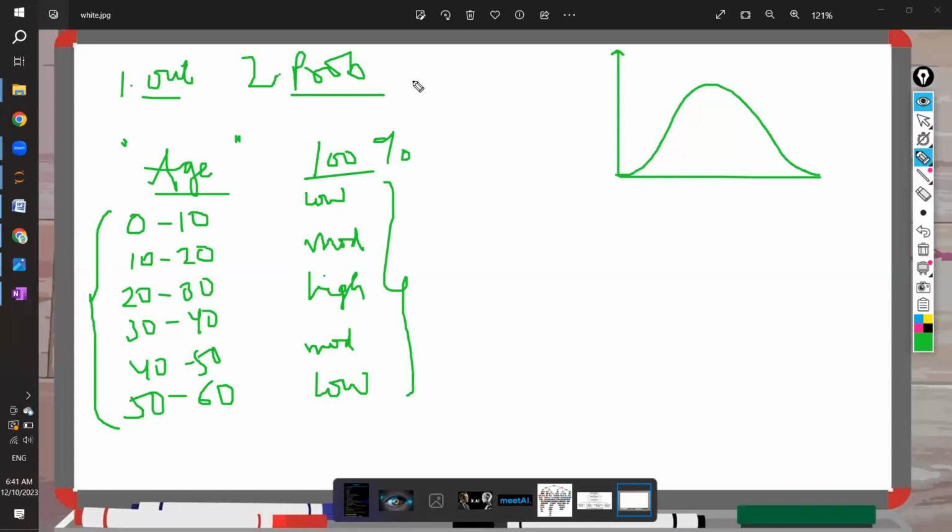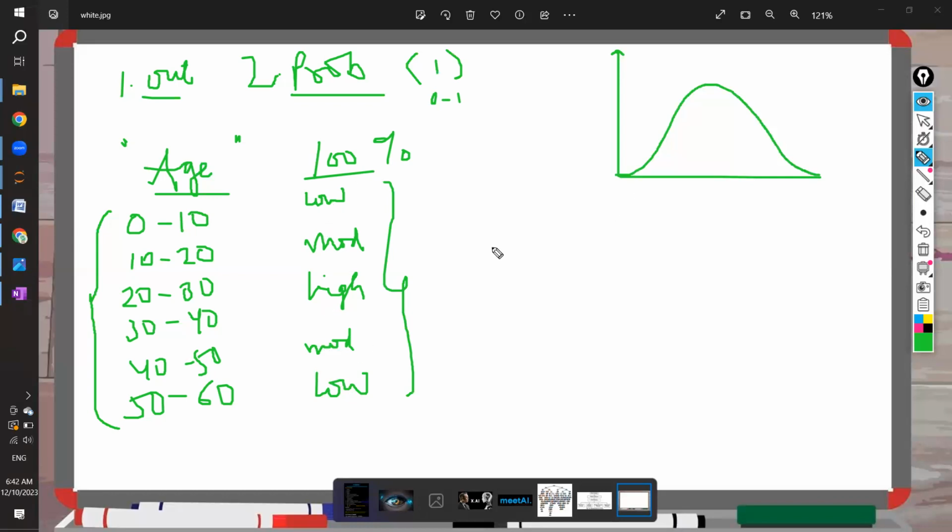Do you know that the sum of all probabilities should equal 1? Probability can never be greater than 1, and it can never be less than 0. The range will be 0 to 1. Agree? I'm just taking this as an example, but you can convert this into certain probabilities.